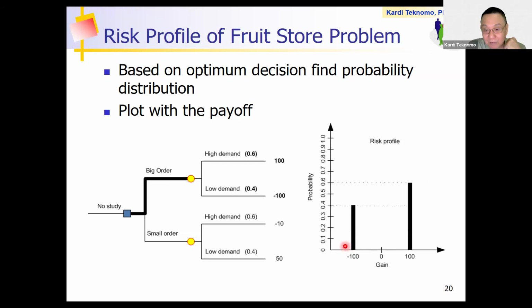So this is the value that we plot. 0.4 here, negative 100, 0.6 here, positive 100. Clear?